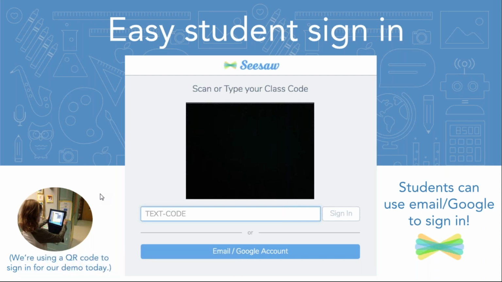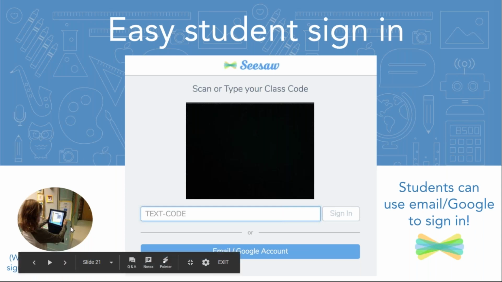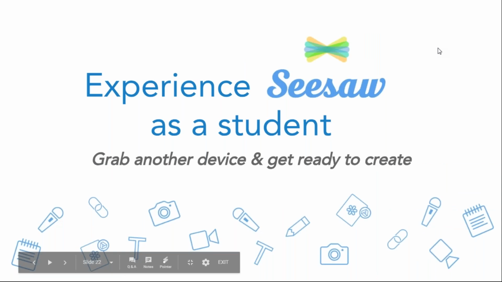But also know that another option for signing in is using email or Google to sign in. I know some of your upper elementary students might already have an email address from your school that you would assign to them. So that's an option as well. But for our purposes today, we are all using this QR code to sign in, and we'll get into that more in just a moment.